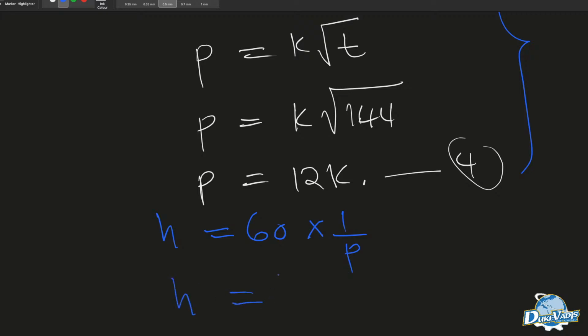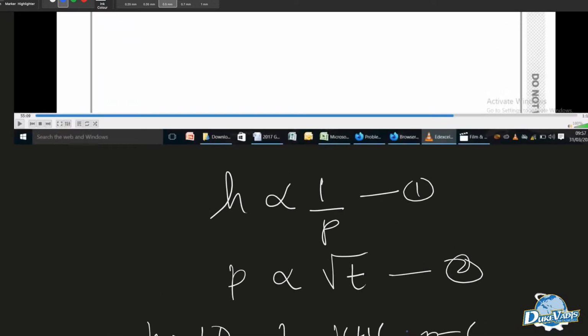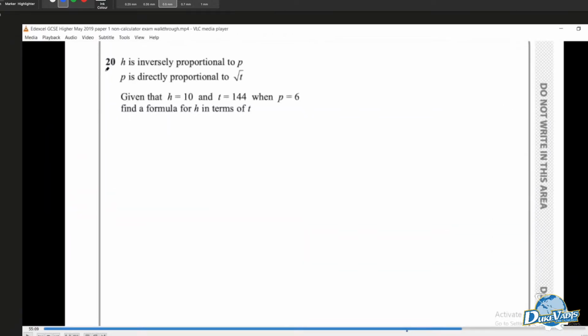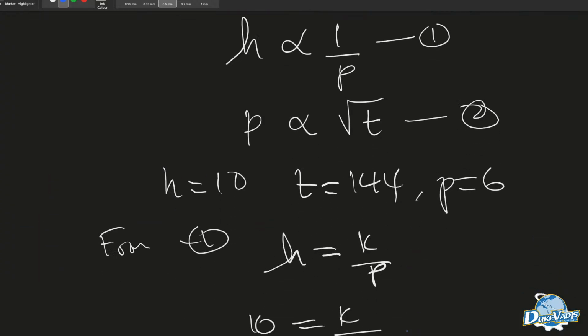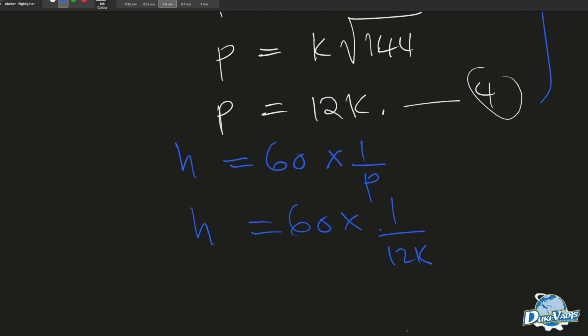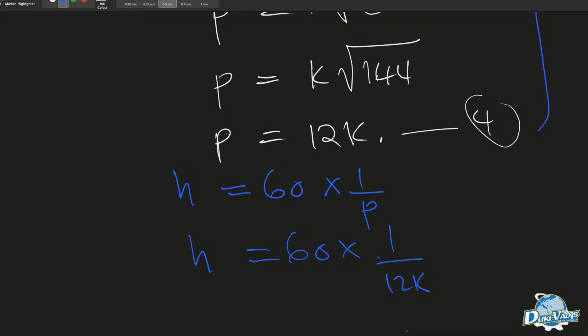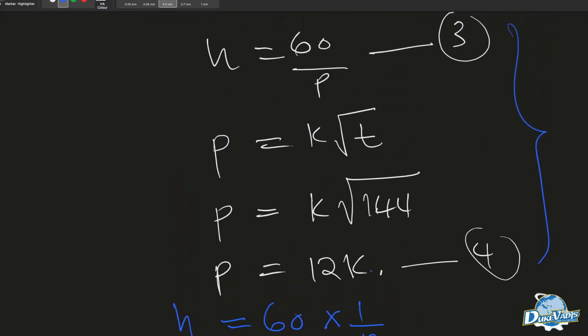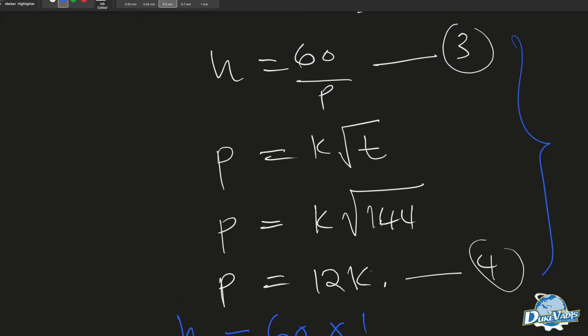So h is now equal to 60 times 1 over 12k. The question says make a formula of h in terms of t.